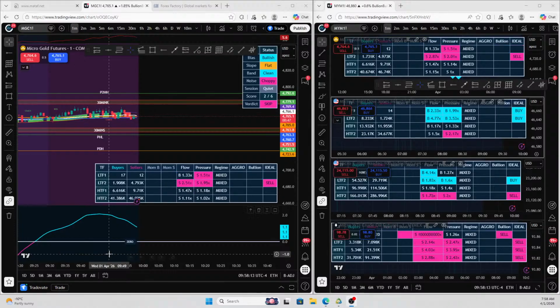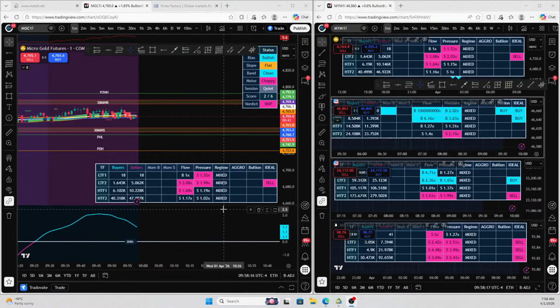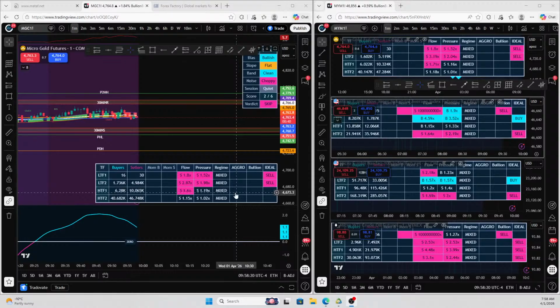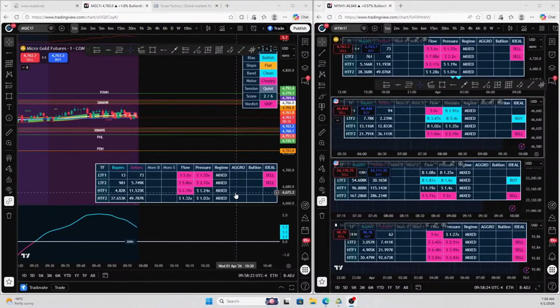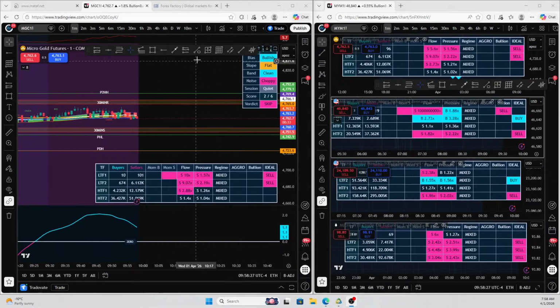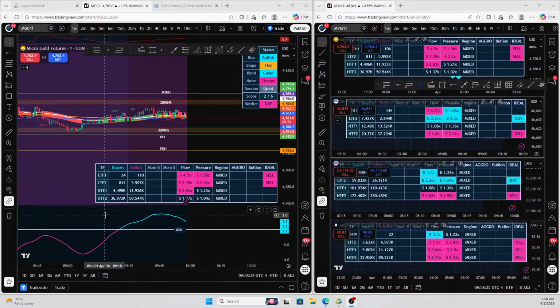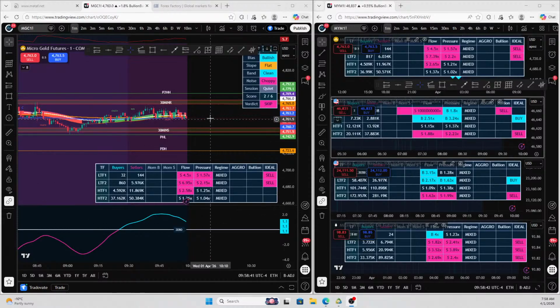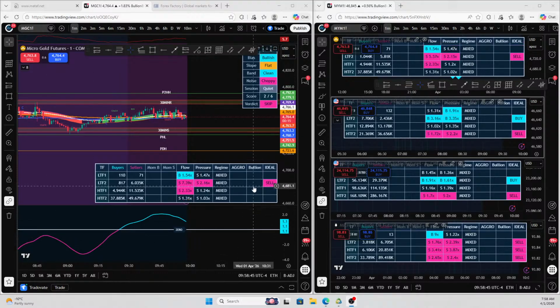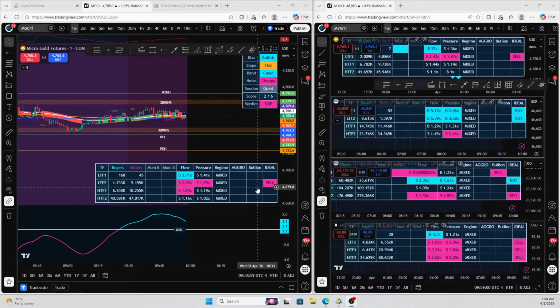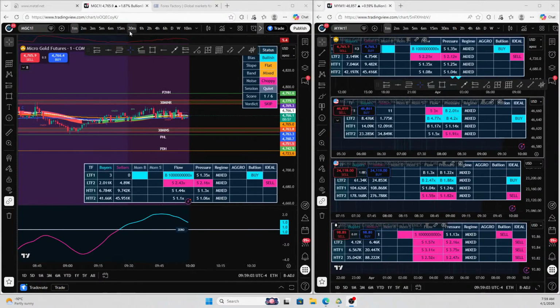Yeah, guys, news is about to drop. Let's look at the current state of the market before the news.